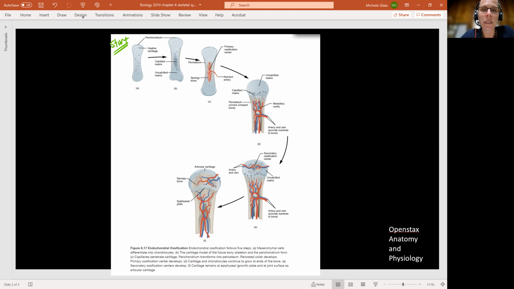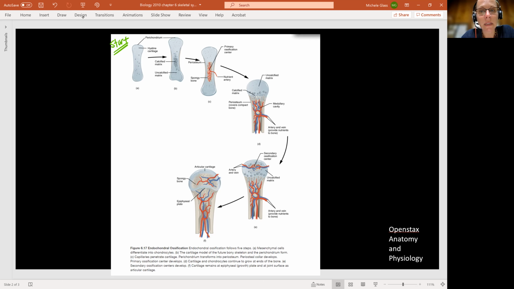Then at the center in the diaphysis, the cartilaginous matrix becomes calcified and chondrocytes begin to die. In the next image, we see the blood vessel penetrating into the diaphysis, bringing with it osteogenic cells, forming that primary ossification center. So we start to see that bone forming first at the diaphysis.